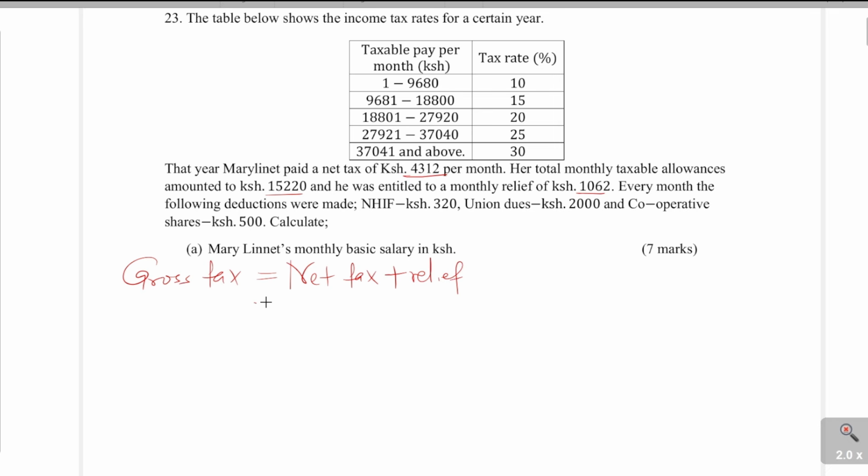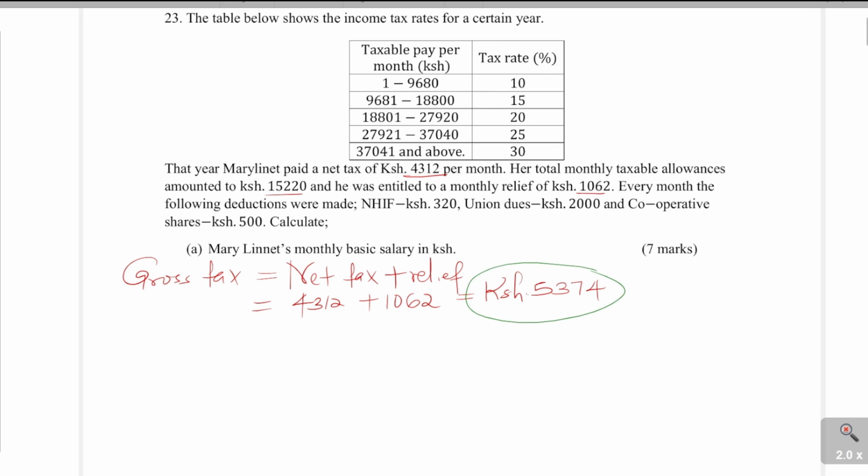The net tax is 43.12, then we add the relief, which is 1062. So this will give the gross tax of 53.74. So this is the figure that you're going to use now in order to get what income was taxed to get this gross tax, 53.74.